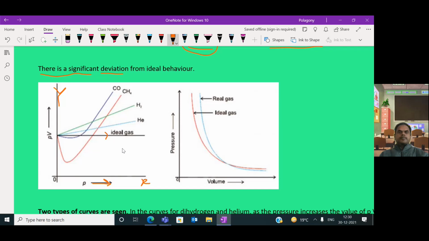If it is an ideal gas, we will get a straight line parallel to the x-axis.